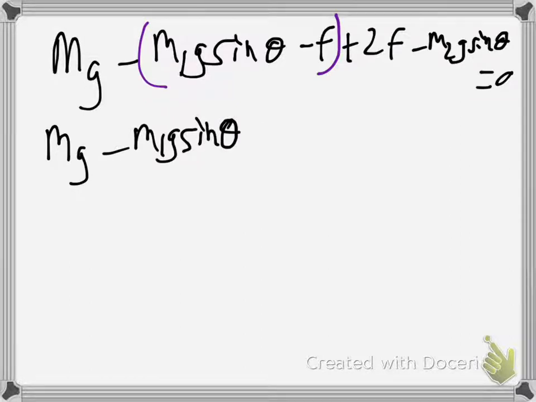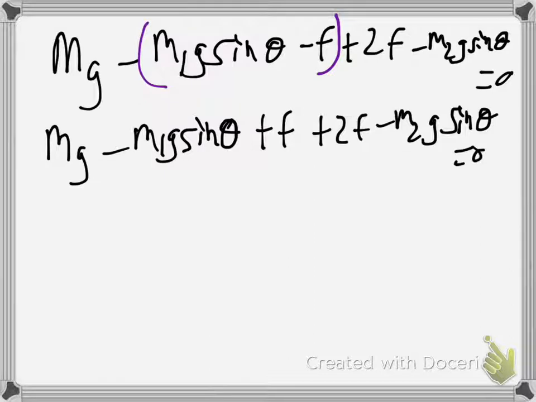And then I have to distribute this minus sign. So right here, this will become plus F. Plus 2F minus M2 G sine theta. Okay, so look, this will combine to be 3F.